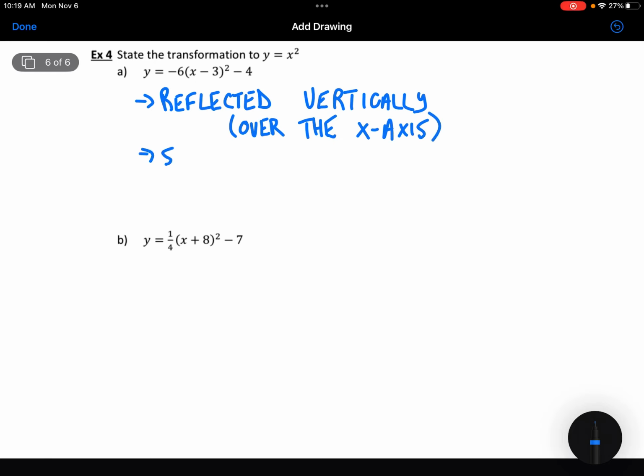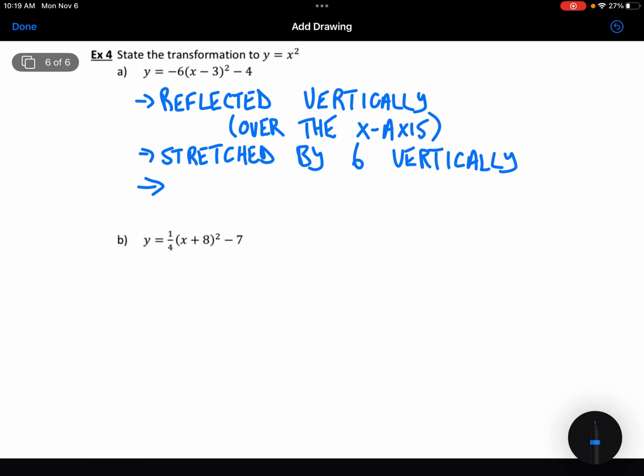It's stretched by 6 vertically. We need to include vertically just for later when we start to do horizontal stretches.